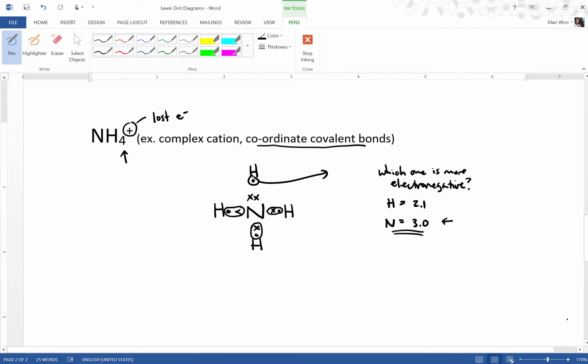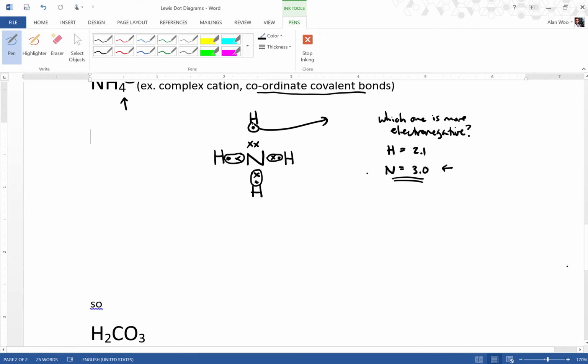So in the end, nitrogen will keep its 2-electron pair. You'll have all the other hydrogens with their shared pairs.